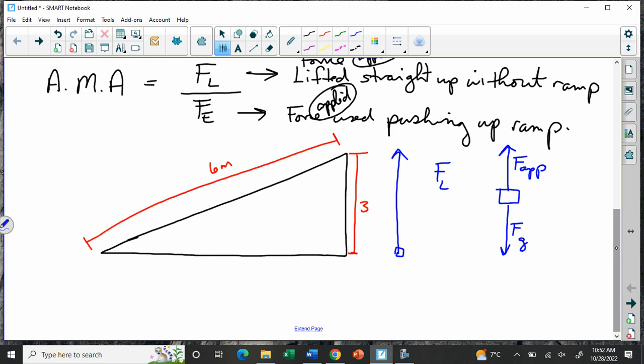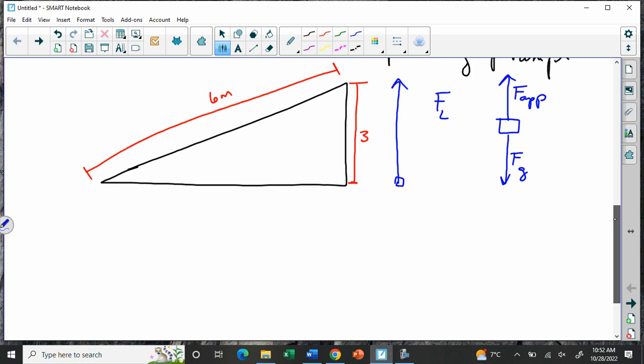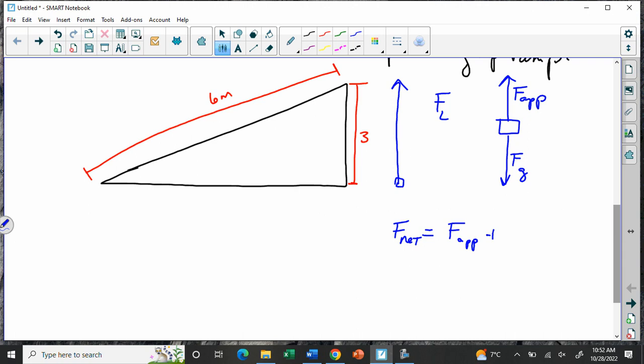Well, we remember our F net equation. F net equals, and this is a vertical, up and down situation. So we have an upward applied force and we have a gravity force.